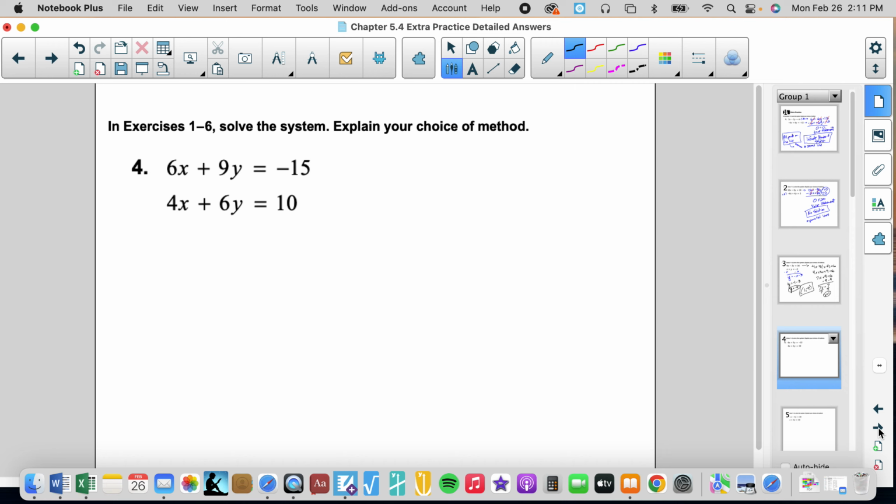What are we going to do? Well, this is just ugly and not so fun either way. I guess I'm going to do double elimination. I'm going to multiply this by 2 and this by -3. We're going to get rid of the y's. So that's going to be 12x plus 18y equals -30. Don't forget to multiply everything. That's going to be -12x.